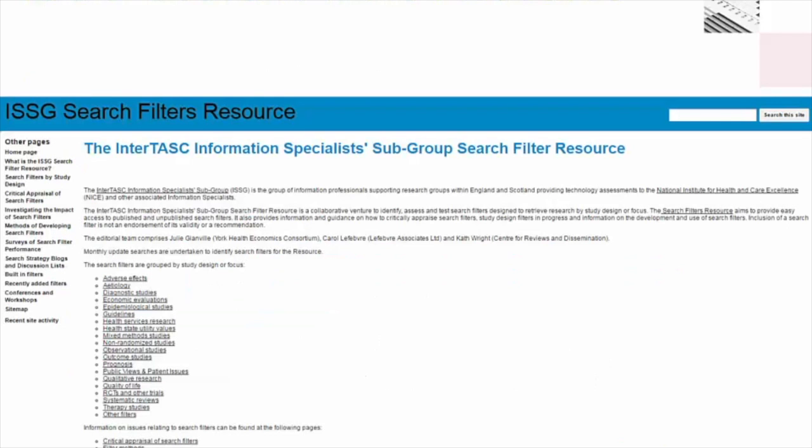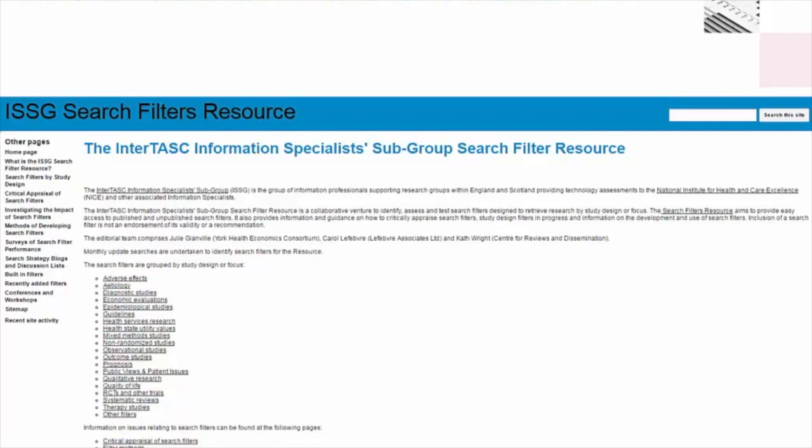So the next slide shows you the entry page to the ISSG Search Filters resource, and you will see that the types of study design are listed here on the entry page. So if you're interested in trying to find search filters of prognosis, you would click on this entry here and it would take you to another web page with a list of the references to prognosis search filters that have been developed.